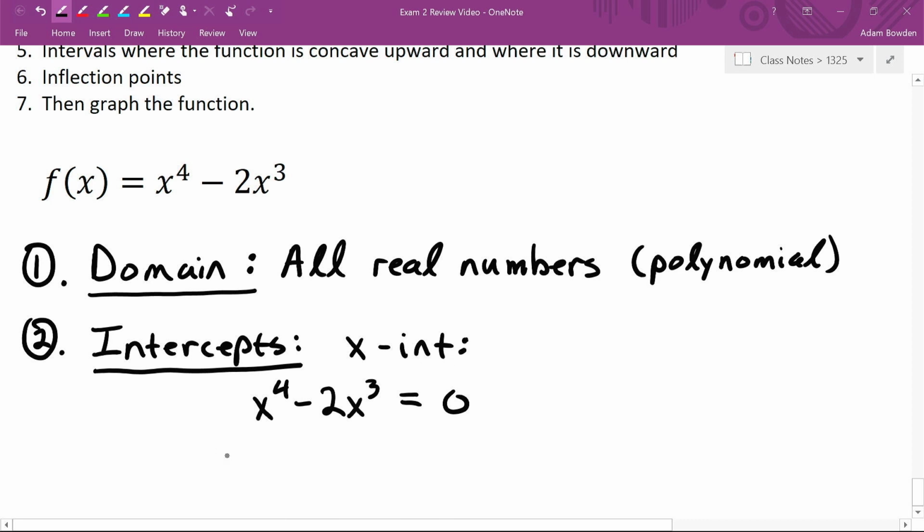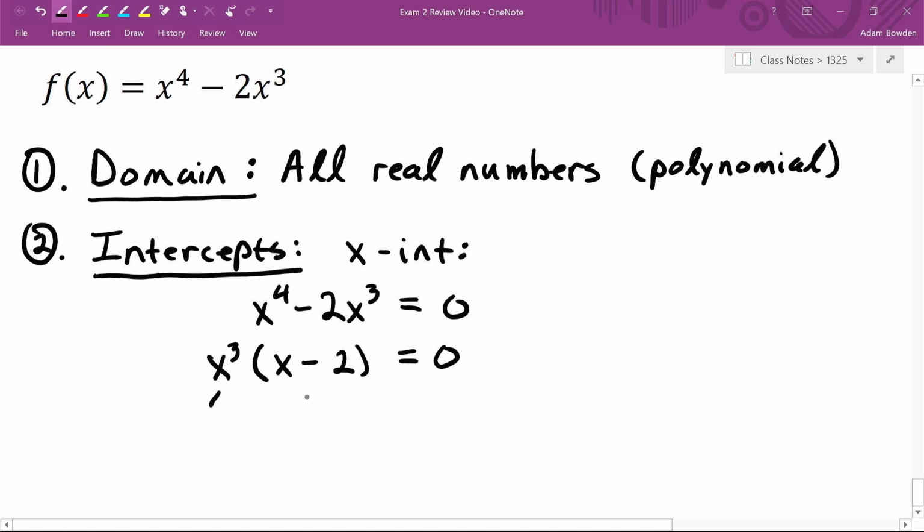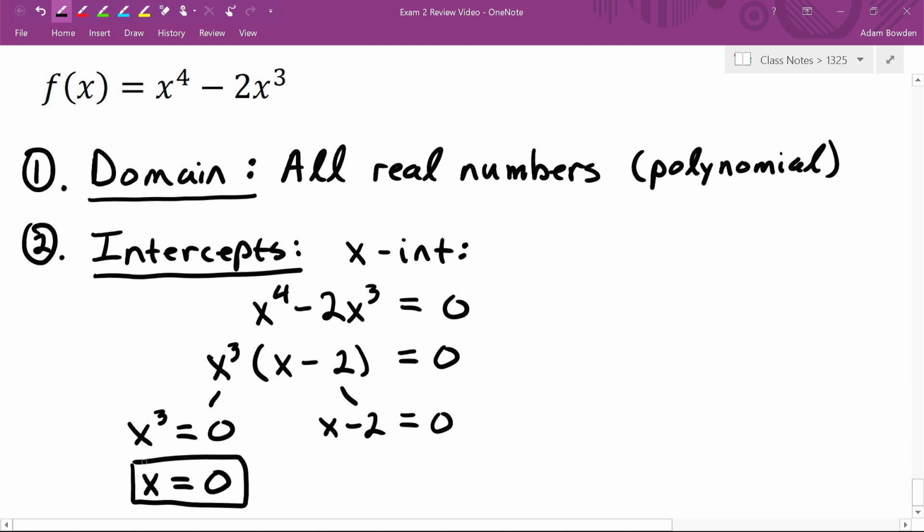We'll solve by factoring out an x to the third, as x to the third times x minus 2 is equal to 0. When we set each of these factors equal to 0, x to the third equal to 0 and x minus 2 equal to 0, we'll get two numbers. x is equal to 0 and x is equal to 2. Those are the x-intercepts.